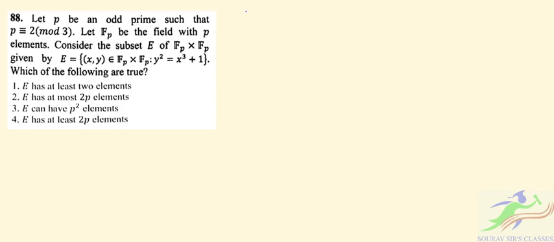Question 88 from the June 2020 mathematical science paper. Let P be an odd prime such that P is 2 mod 3 and F be the field with P elements.